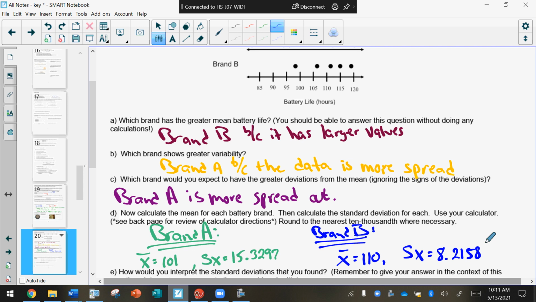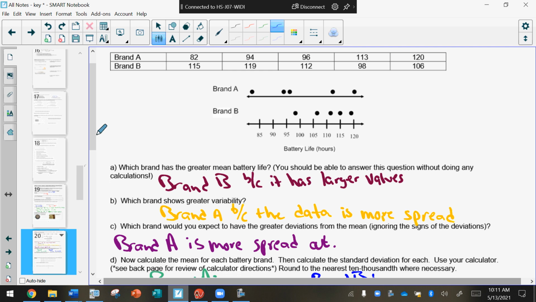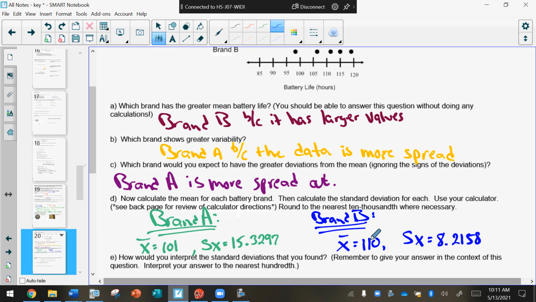A smaller standard deviation means it is less spread out, which is exactly what we were talking about in some of the above questions. Brand B has a greater average, which we see. Brand A is more spread out, which means it has a larger standard deviation. And the calculations that we just did confirm what we were looking at on the graph. The one that's more spread out will have a higher standard deviation.